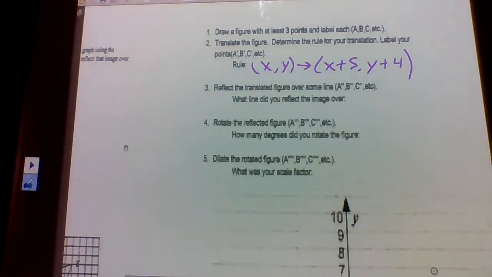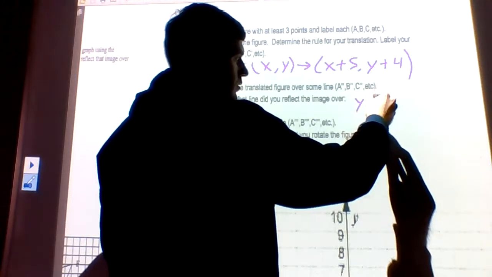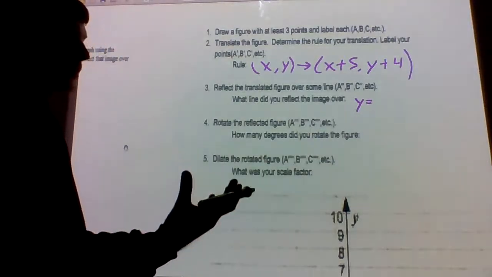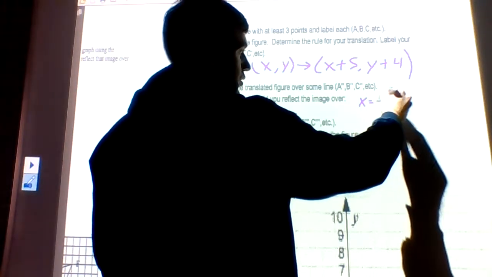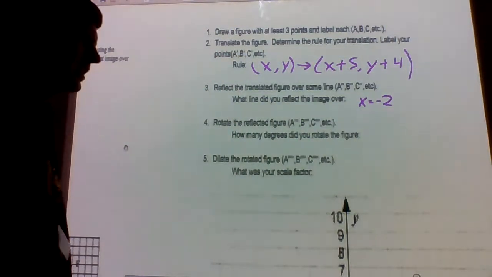Okay. Then I'm going to reflect the translated figure over the line. Let's go over the y equals. You can do the y-axis to make it simple. I'm going to make it a little hard. Let's do x equals -2. Okay. Then I'm going to rotate 90 clockwise.